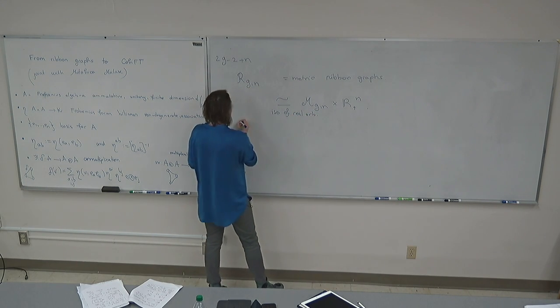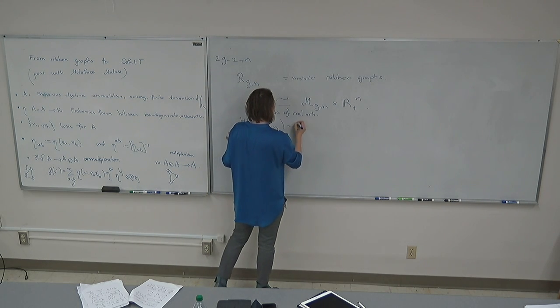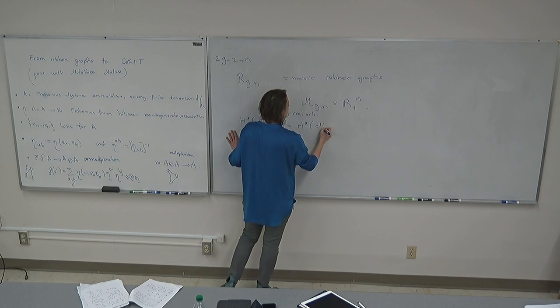So in particular, the space of metric Riemann graphs has the same cohomology as MGN.